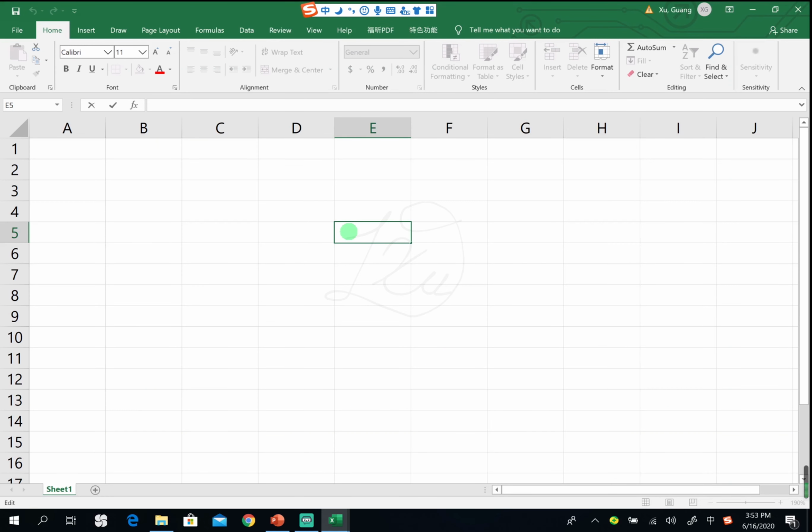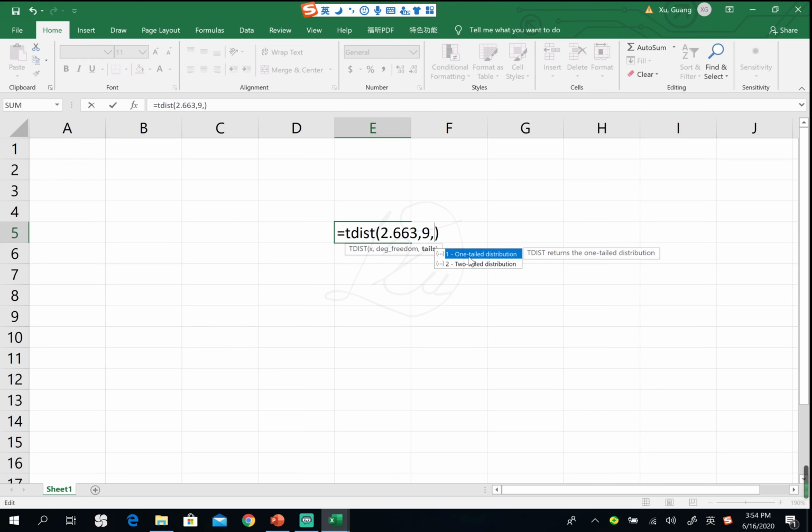Now we find the p-value using the function in Excel. We use the TDIST function, and the first parameter is the positive t-value, here 2.663. The second parameter is the degrees of freedom. In our example, it is 10 minus 1, that's 9. And the last parameter is the tail.